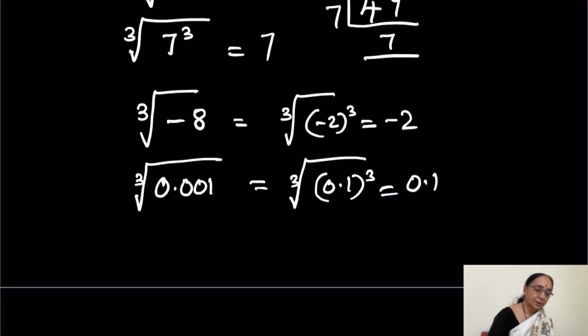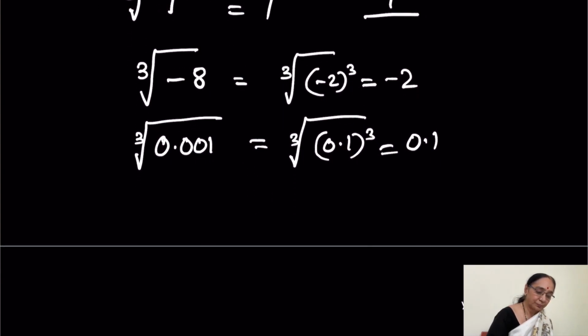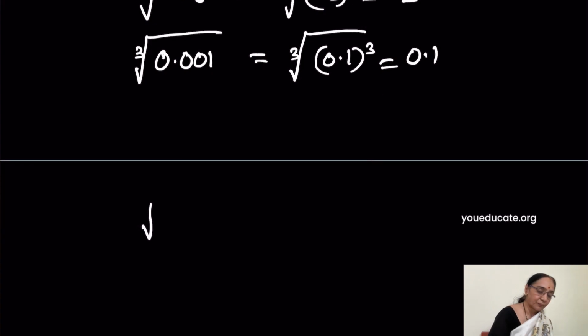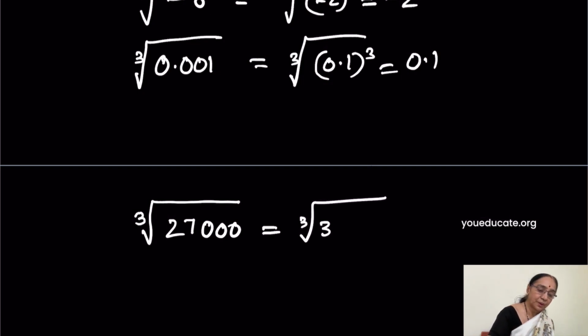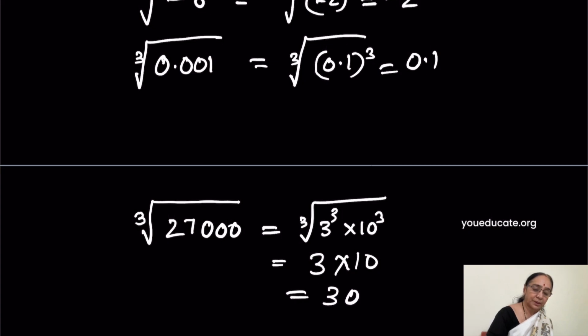And here again, if you have a cube number, say 27 is 3 cubed, and if there are 3 zeros following next to that 27, the cube root would be the cube root of 3 cubed into 1000, and 1000 is 10 cubed, and when you extract the cube root, it is 3 times 10, it will be 30.